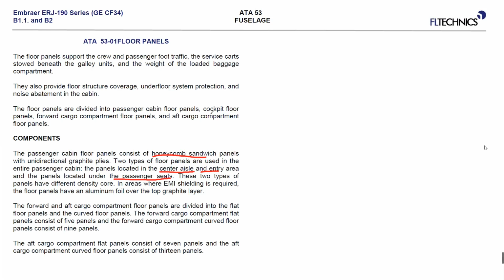Also, the cargo floor panels have a top coating, a top surface, which is like sandpaper, which is preventing slipping of the luggage, if you remember from yesterday. We have a different number of panels, 9 panels in the forward cargo and 7 panels in the aft cargo. Well, this is not mandatory to know. Just keep in mind the different types of the panels, okay?